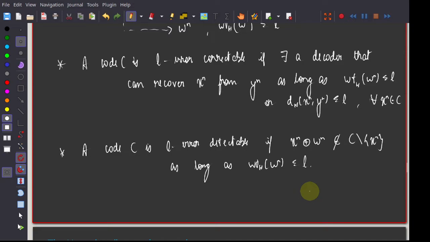Because there is some error vector of weight L. If the minimum distance is less than L or even equal to L, then it is possible to go from one code word to another code word using just L substitutions. Therefore, the minimum distance between every pair of code words should be at least L. But on the other hand, suppose that the minimum distance between every pair of code words is, say, L plus 2. Can it detect L errors?